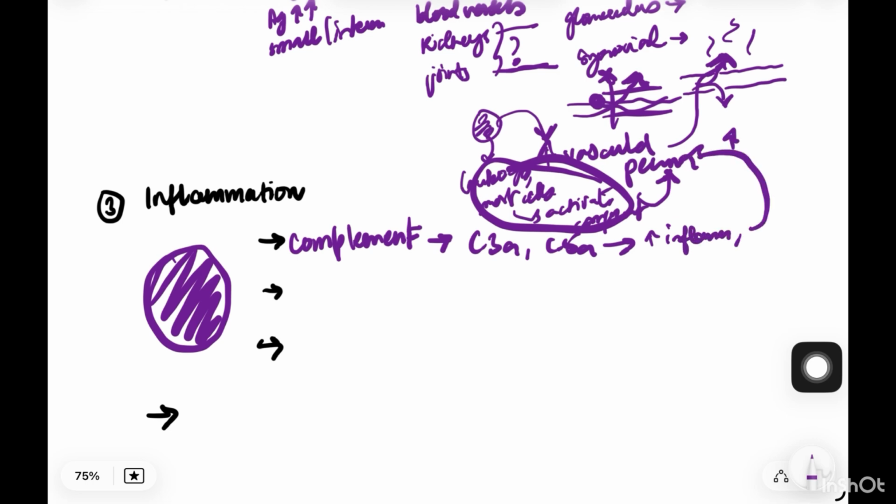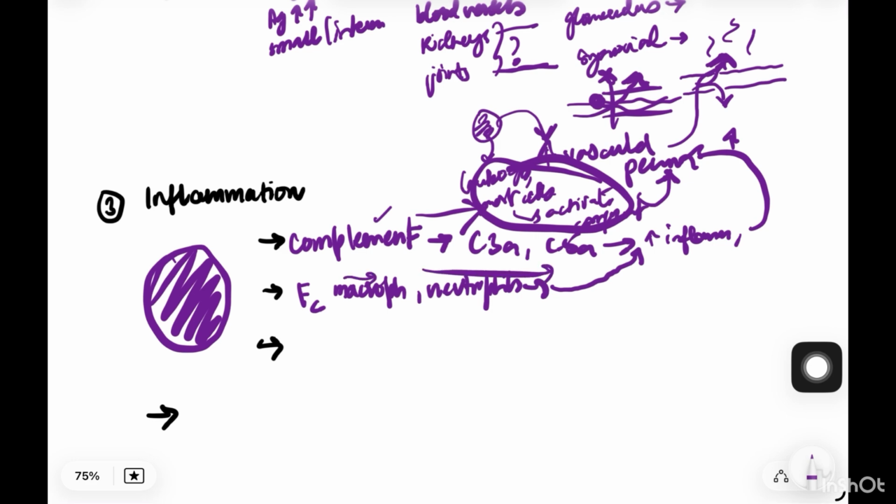Another way is immune complexes bind the Fc end of macrophages and neutrophils. So when they bind to neutrophils and macrophages, these also call to more inflammatory cells. So it's like, one of them is triggered, they start calling all the other inflammatory cells, the other inflammatory cells are triggered, they call to even more. So it's just a crowd of all your inflammatory cells and cytokines rushing in.